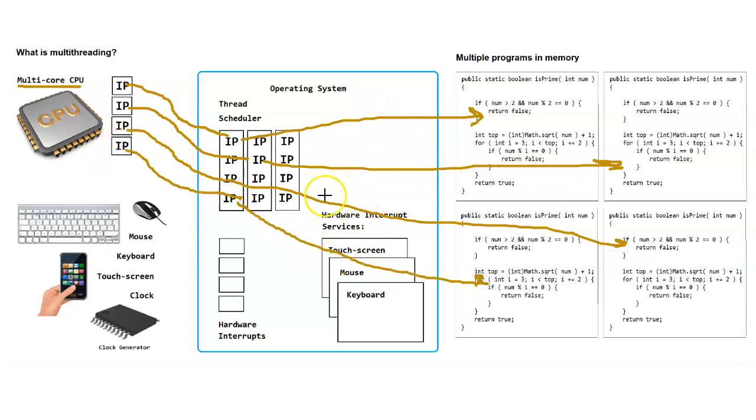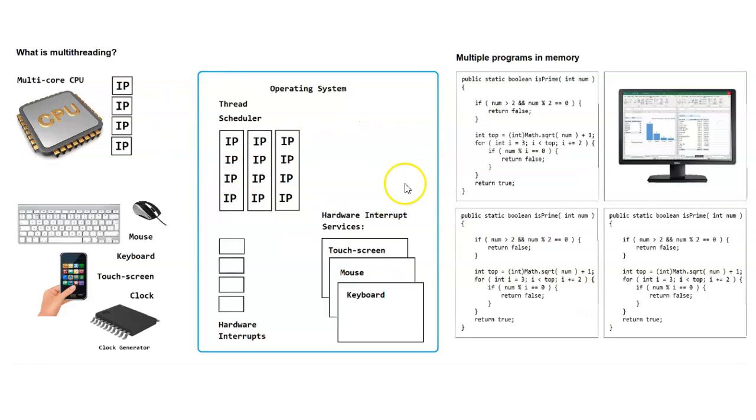And some of these threads can be worker threads that run background tasks, do some computation, load data from files and from databases, make network connections, and transfer data over the networks. And other threads are dedicated to handling interaction with the user.